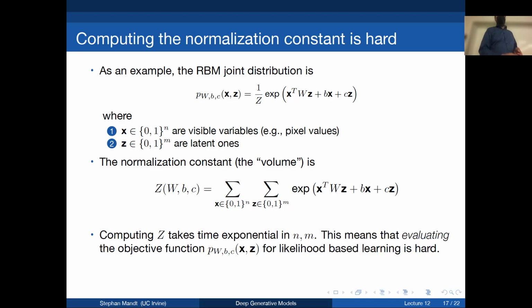So that is usually completely intractable, right? And just because you cannot even compute the normalization constant, it means that you cannot compute the likelihood. And if you cannot compute the likelihood, then you cannot learn the model. You cannot train the model, right? Because typically you want to aim for maximum likelihood, right? And if you just cannot compute it, then it's not even clear how you would train these models.